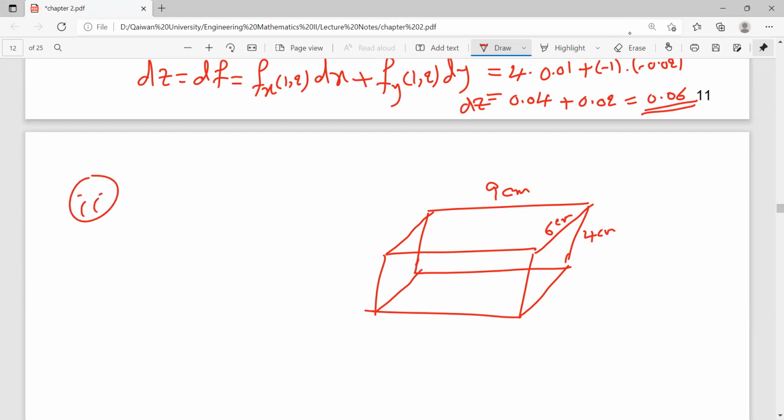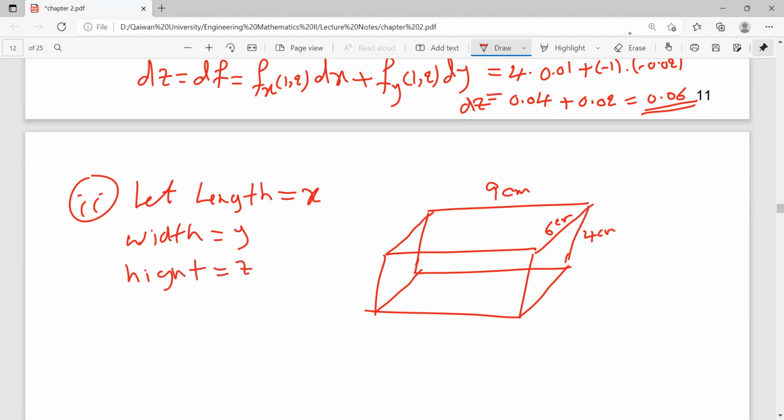For solving this, we should use a variable for each of the distances. Here we let this length be x, the width be y, and the height be z.